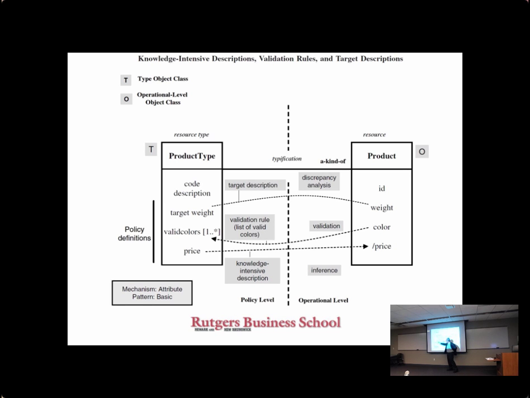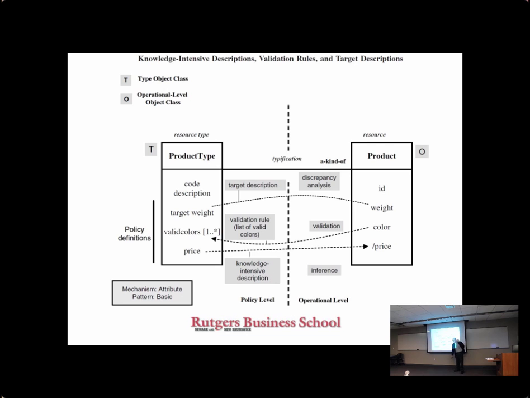At the policy level we'll have a resource type. So the policy mechanism is attribute. It means that there will be an attribute at the policy level, right? And that policy level will specify something about this operational level.